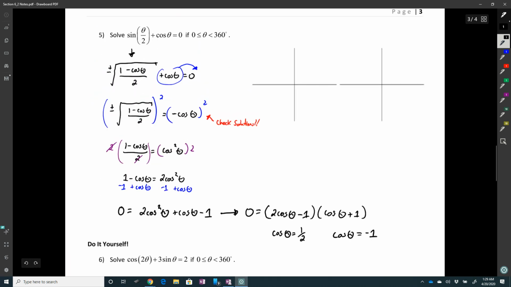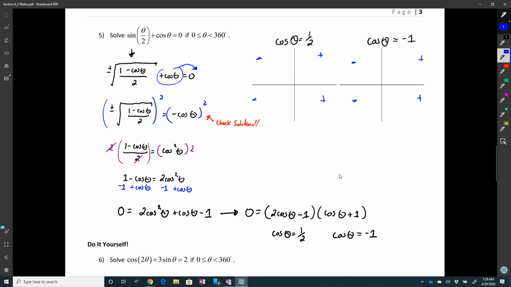So those are my two answers that I'm going to try to solve. Now I know cosine is positive on the right, negative on the left. And I got to find my answer.